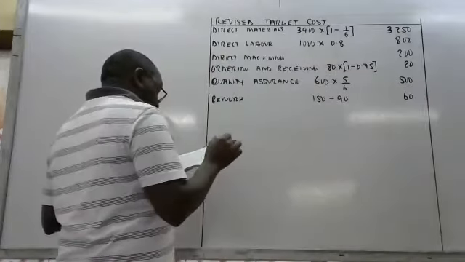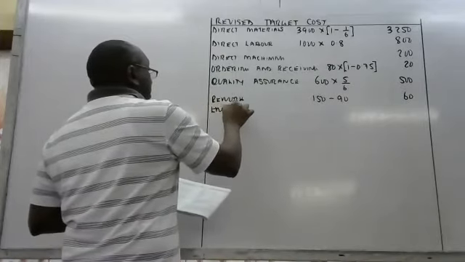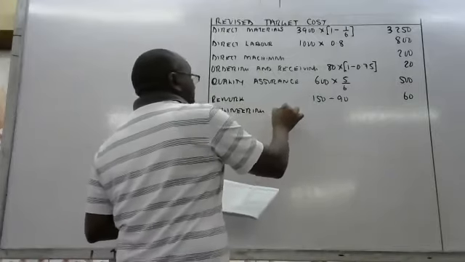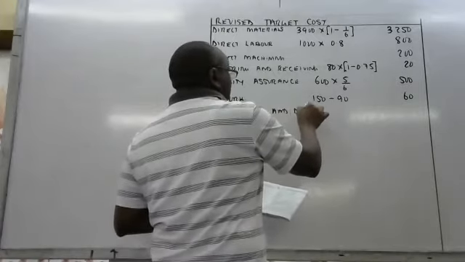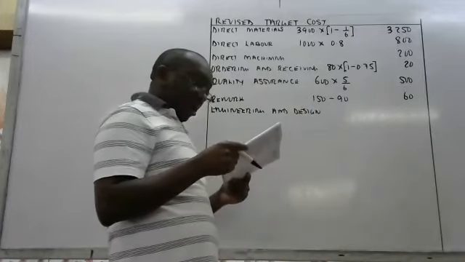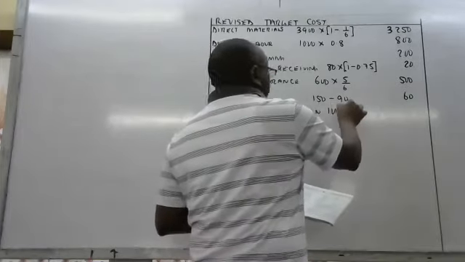Then the other one is engineering and design. It is right now 100. We are told it is going to reduce by 20.